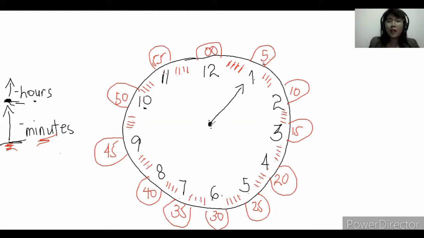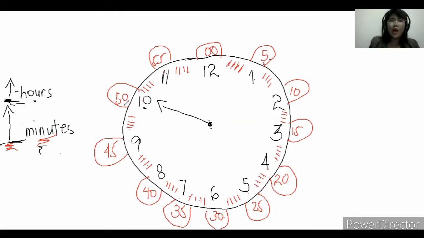The long hand points to number 6, so you will say 30. Okay, because it's a minute, so you will say 30. When the long hand points to number 10, you will say 50.